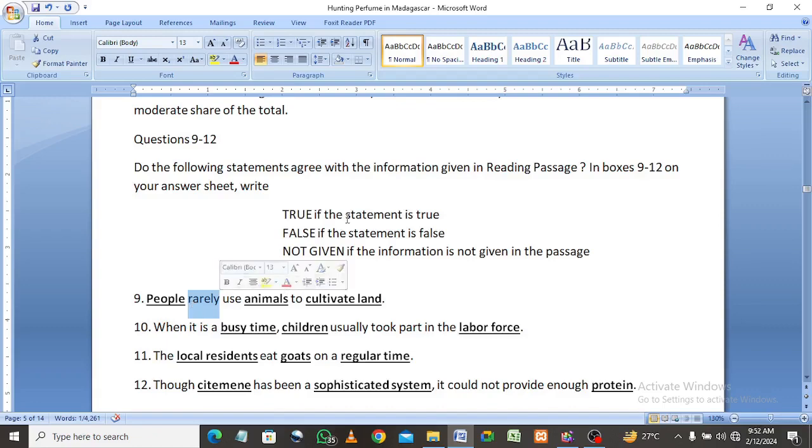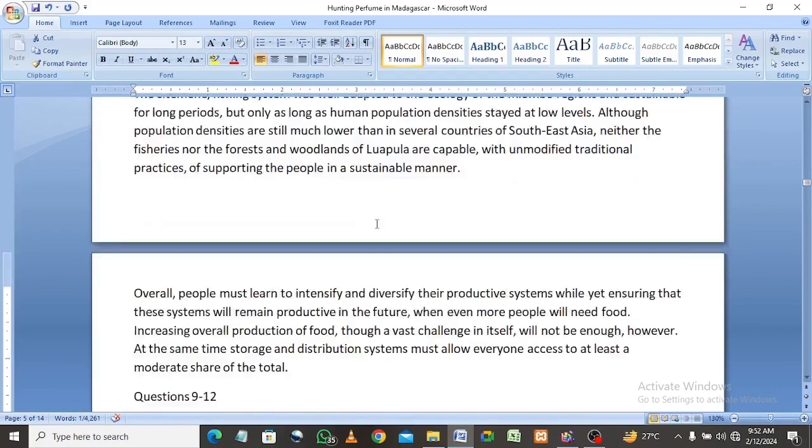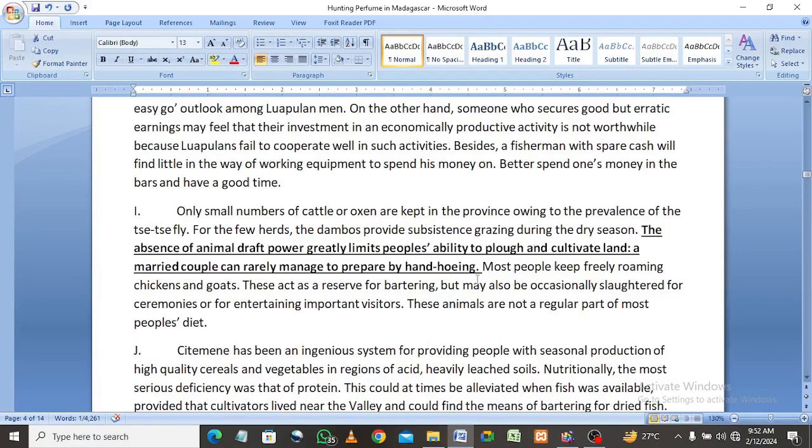So let's check where we underline and see whether they use it or whether they use a different word for rarely. Now, the statement says the absence of animal draft power greatly limits people's ability to plow and cultivate land.